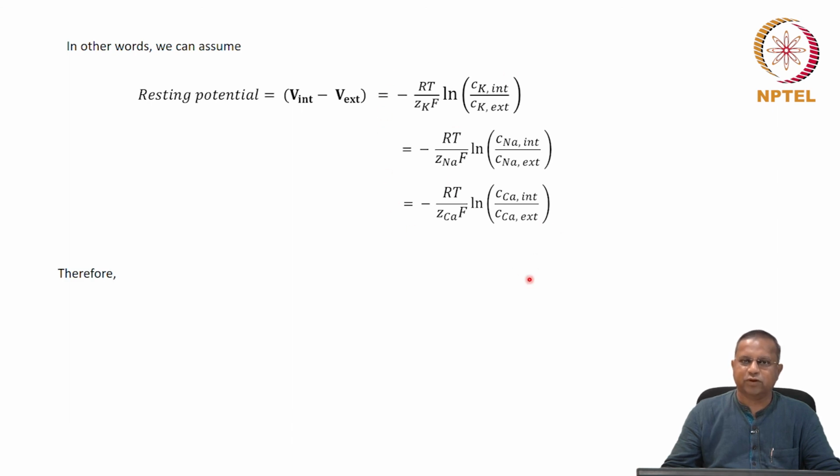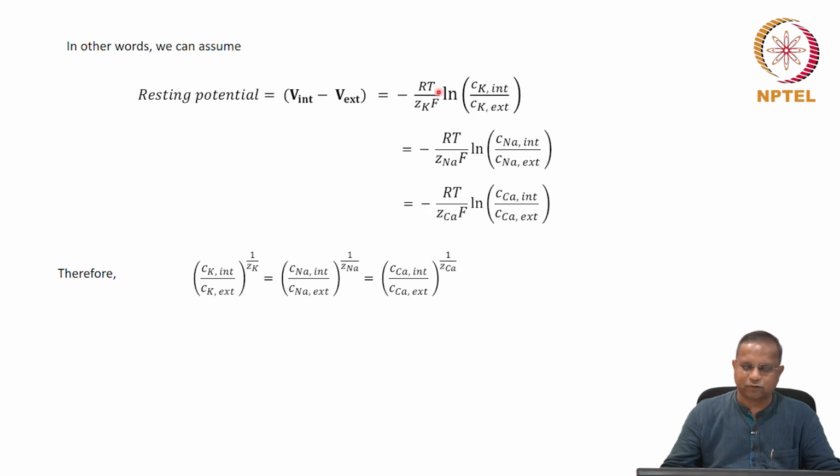Therefore, we could equate all these, since the left hand sides are the same. If you do that, A ln B is ln of B to the power A, so the coefficient gets raised as a power, and then the arguments can be equated because they're all natural logs.